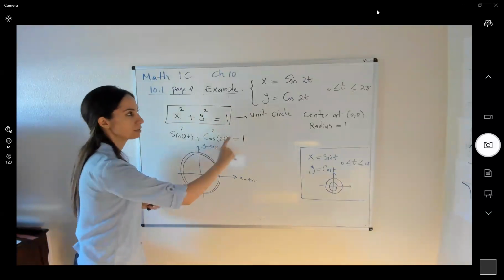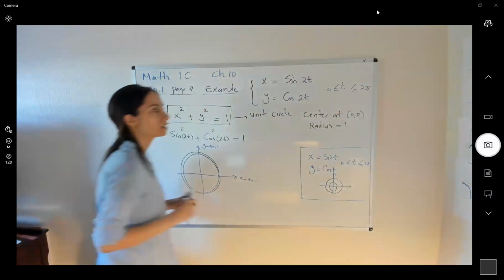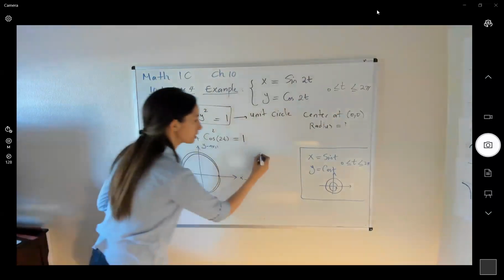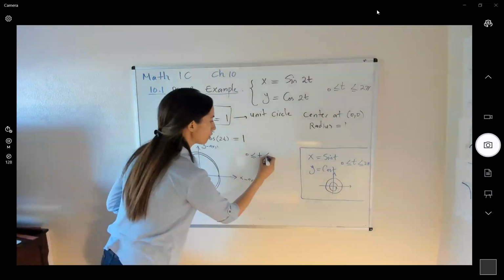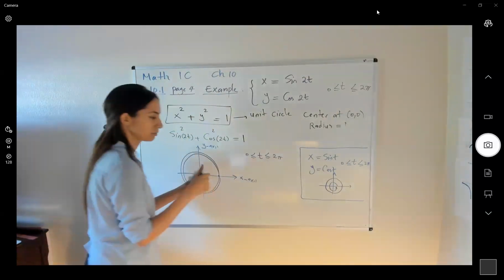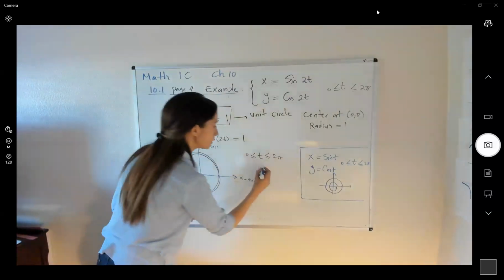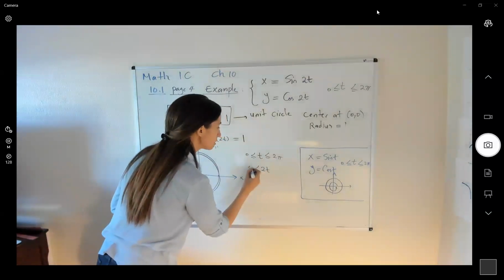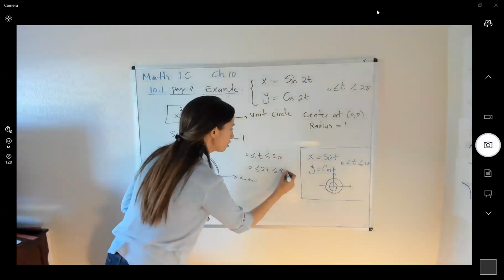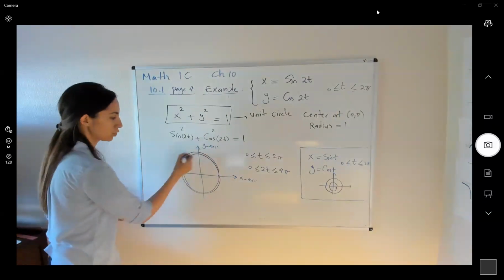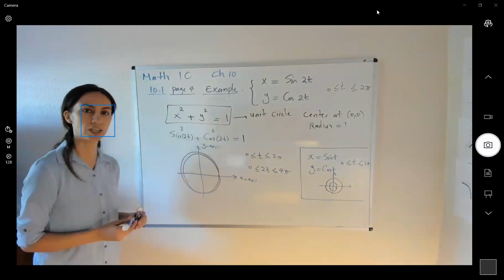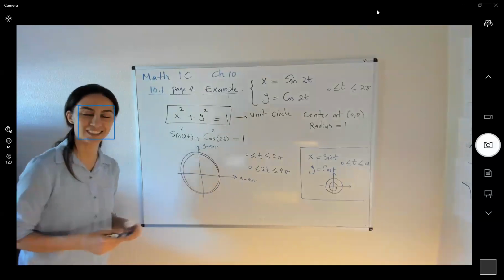We have 2 times t, and t between 0 and 2 pi. Since t is between 0 and 2 pi, it means that 2 times t is between 0 and 4 pi. We get 2 rotations around the circle.